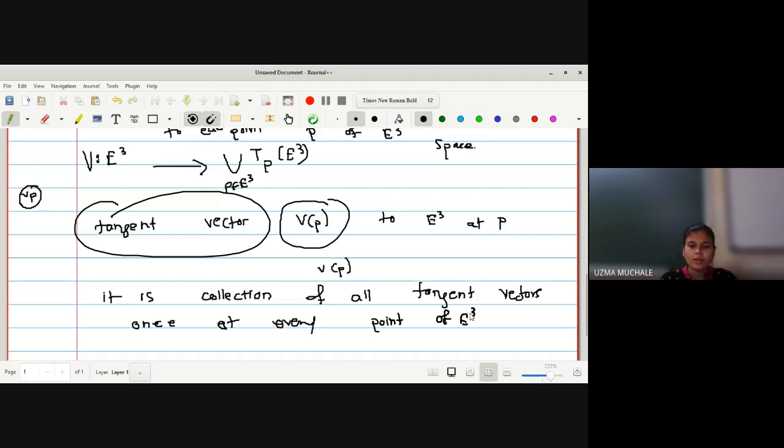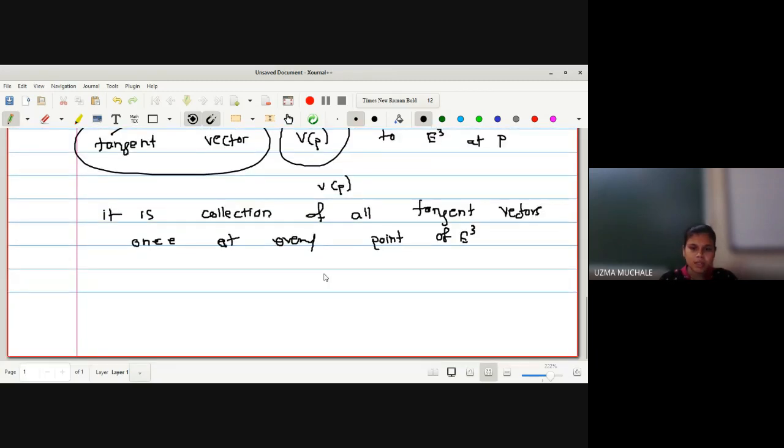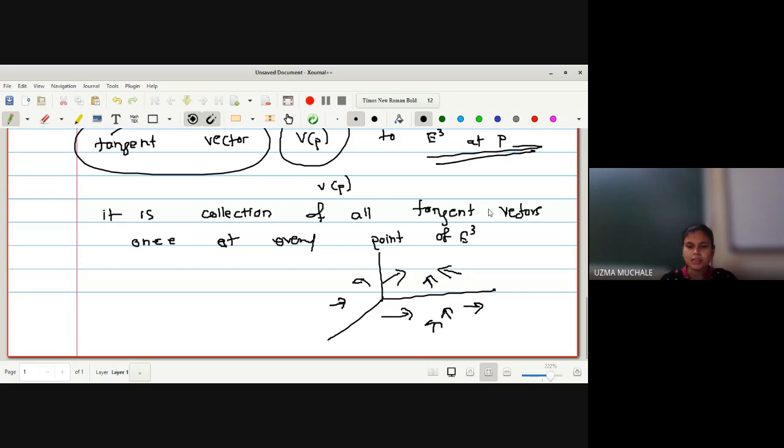Let me show you in the diagram itself. For every point P of E3 space, you have to draw one tangent vector, whatever the direction may be, because we are not specifying the direction. At every point P of the E3 space, we have to find one tangent vector, and it is denoted by the notation V of P, since we are in the vector field. As the point P changes, there will be a change in the vector.